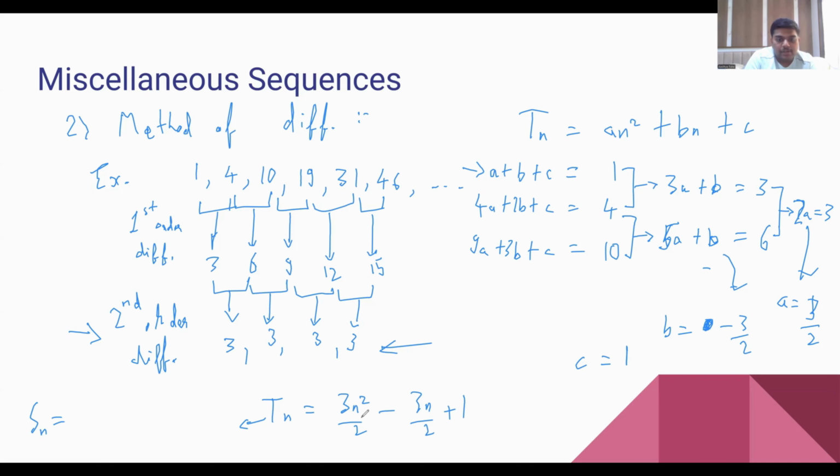Sn is 3 into summation of n square, which is n into n plus 1 into 2n plus 1 by 6, so it will be n into n plus 1 into 2n plus 1 by 4, plus, for this one, it will be n, minus, for this, 3n into n plus 1 by 4.